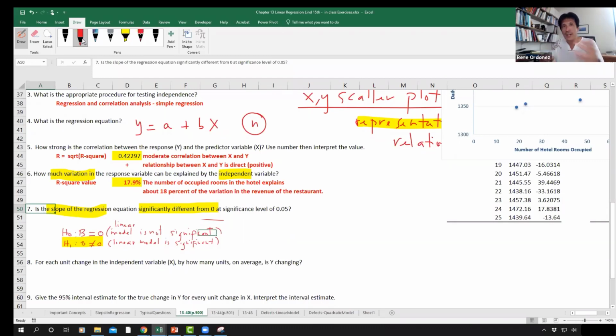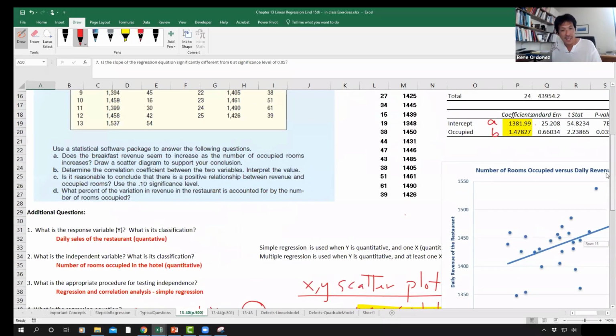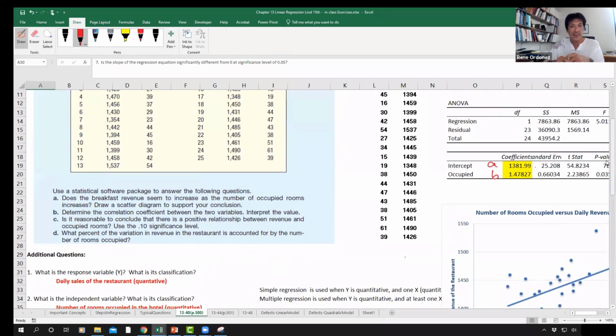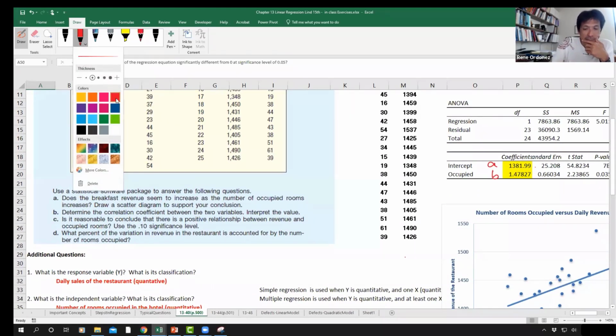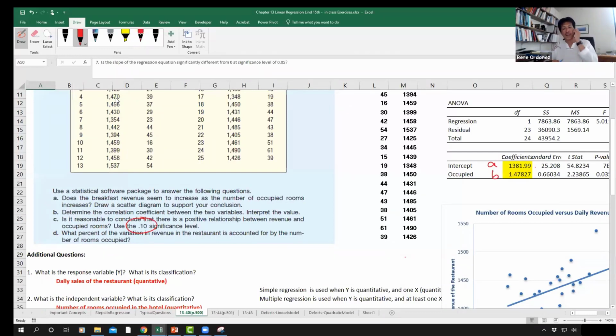But when you're reading from the output, it is most convenient to just use the p-value as your decision rule. So reject H0 if the p-value is less than alpha. I don't know if the problem has a significance level stated. Oh, yep, there is. All right, here it is. 0.1.